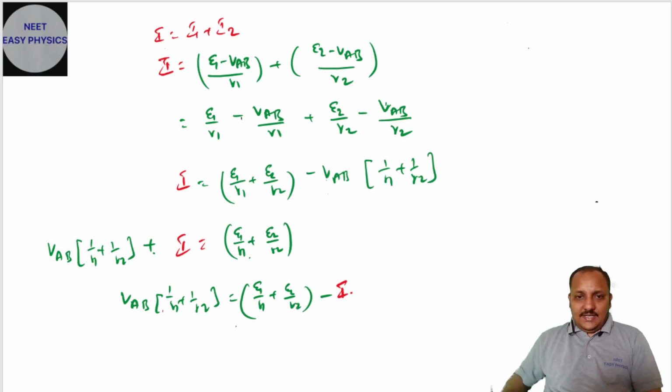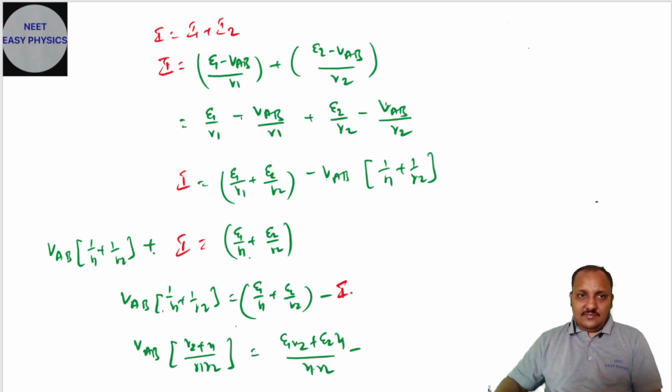Now take the LCM of R1 R2. So VAB (R2 plus R1) by R1 R2 is equal to (E1 R2 plus E2 R1) by R1 R2 minus I. Now send this to the right side.